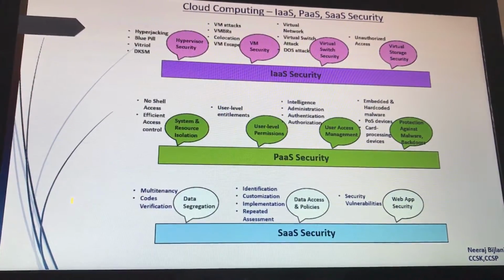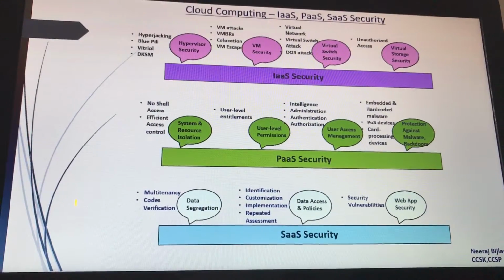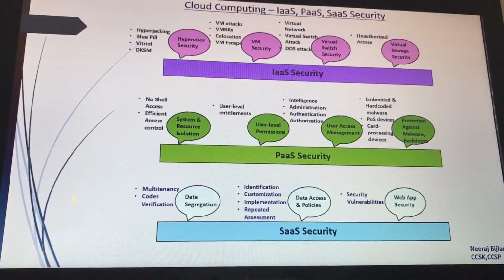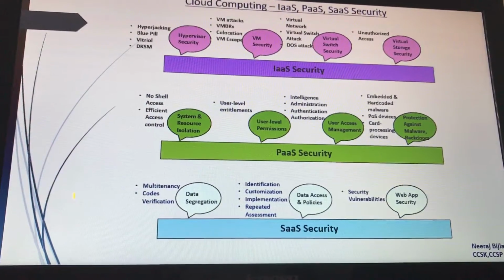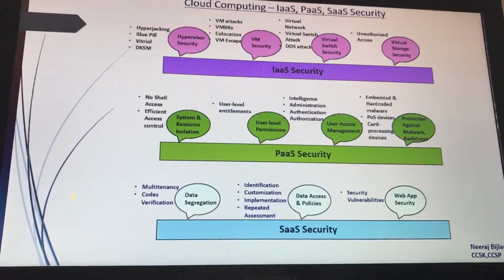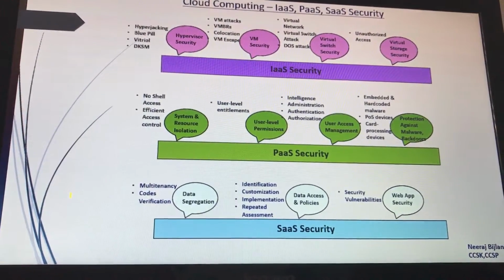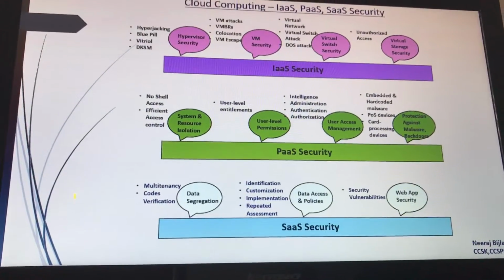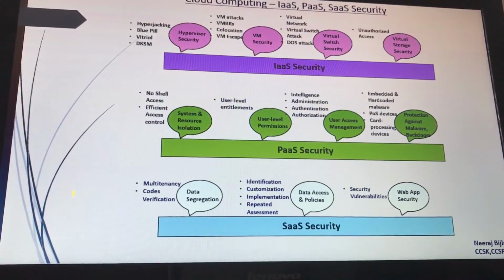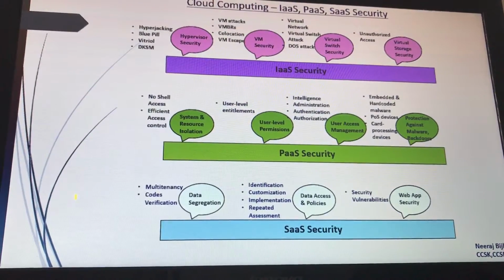We need to make sure that the hypervisor is secure from hyperjacking, blue pill, vitriol, and DKSM. Hyperjacking means installing a rogue hypervisor that can take complete control over the server, such as SubVirt. SubVirt is an example of hyperjacking.